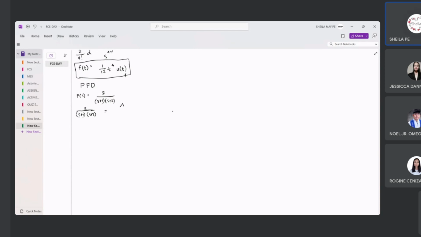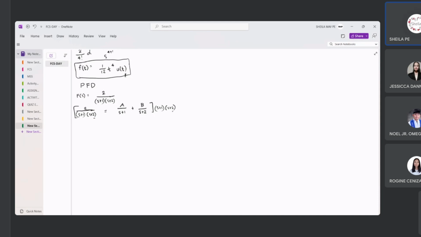So we name them A over s plus 1 plus B over s plus 2, since we have two roots here. After that, you multiply the whole equation by (s plus 1)(s plus 2).